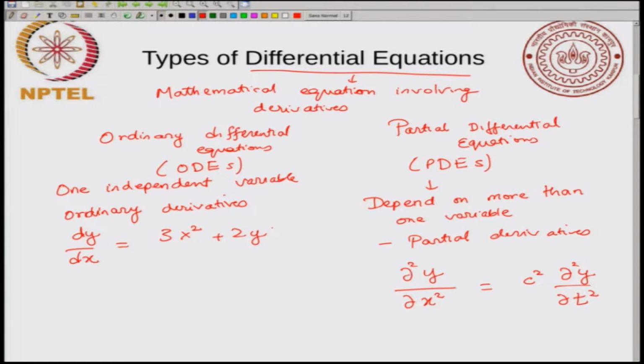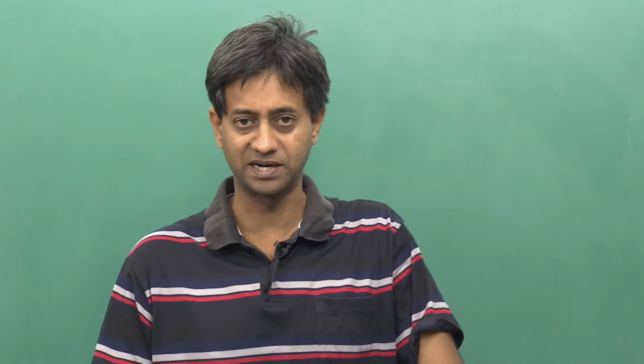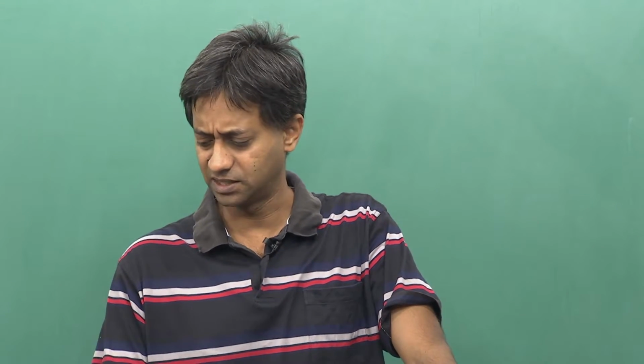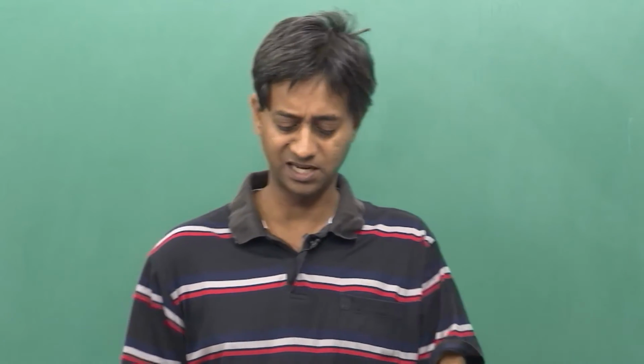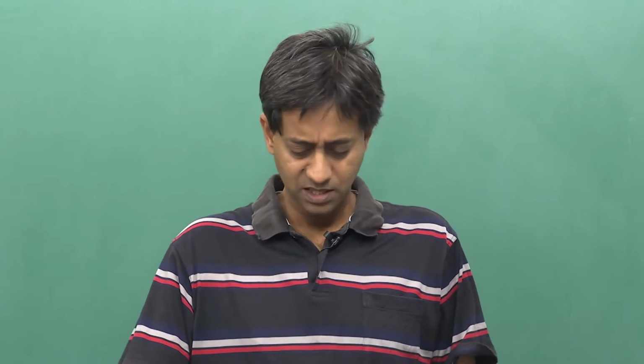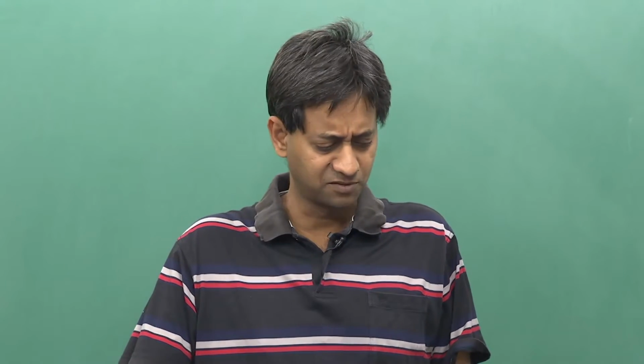This is an ordinary differential equation. In this part of the course, I will be talking only about ordinary differential equations. I will not be talking about partial differential equations, but occasionally if you have to deal with them, a lot of the techniques that you learn in ordinary differential equations can actually be applied in those cases also.